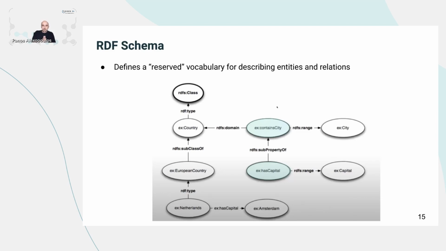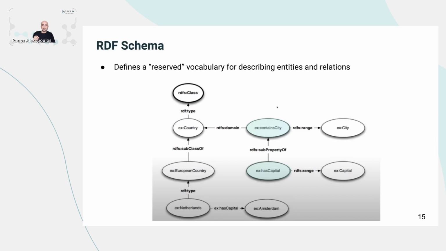So, for example, if we want to say that the entity country is a class, and I'll explain what a class is in a few minutes, then we can create a relation with a predefined name, rdf:type, and link the country entity to a node with a predefined name called rdfs:Class. So rdfs:Class in this diagram, subClassOf, rdf:type, subPropertyOf, anything that you see in bold are reserved entities and relations, reserved names for describing particular entities and relations.